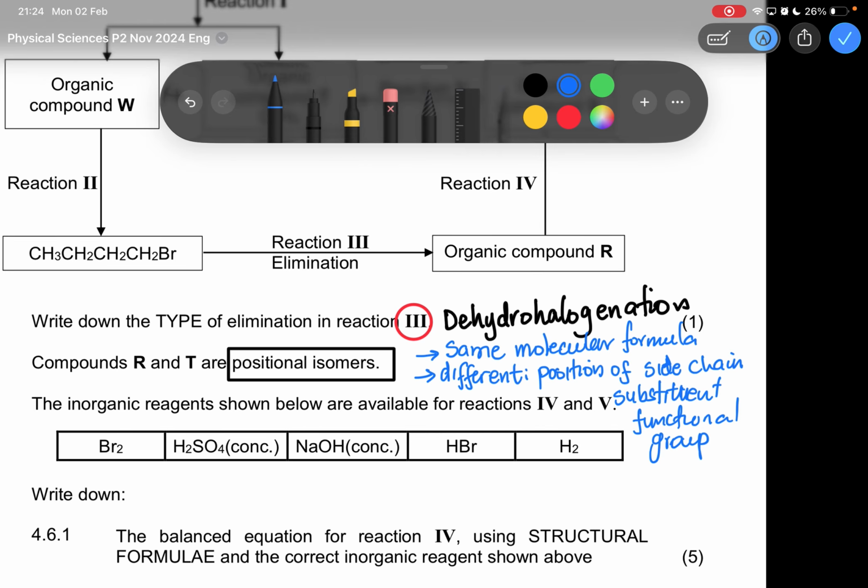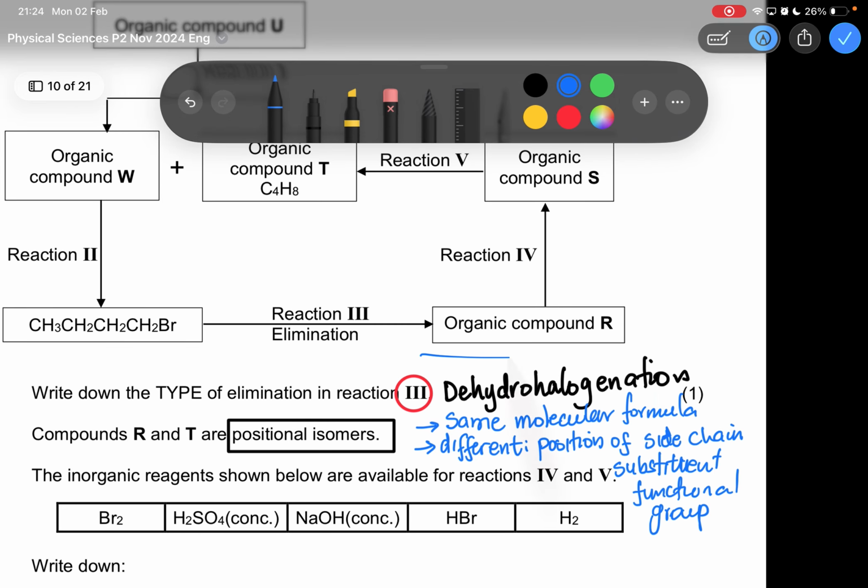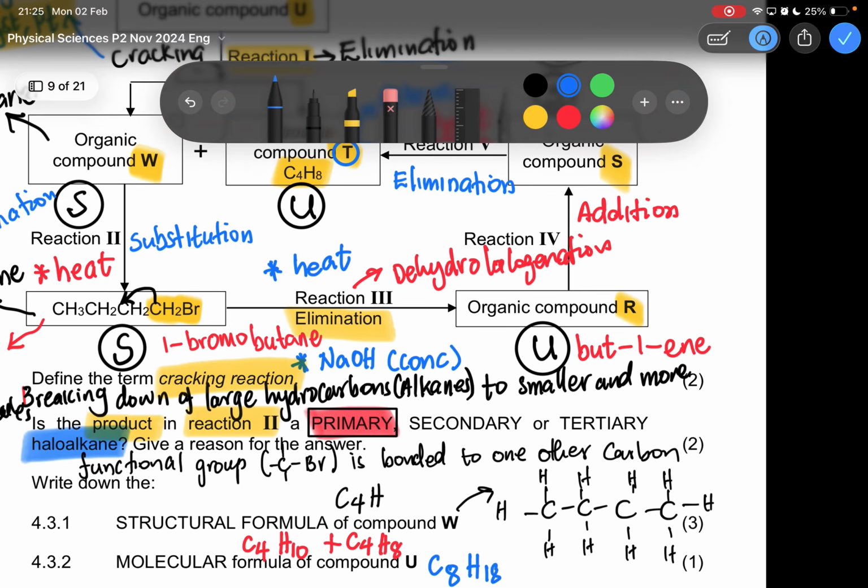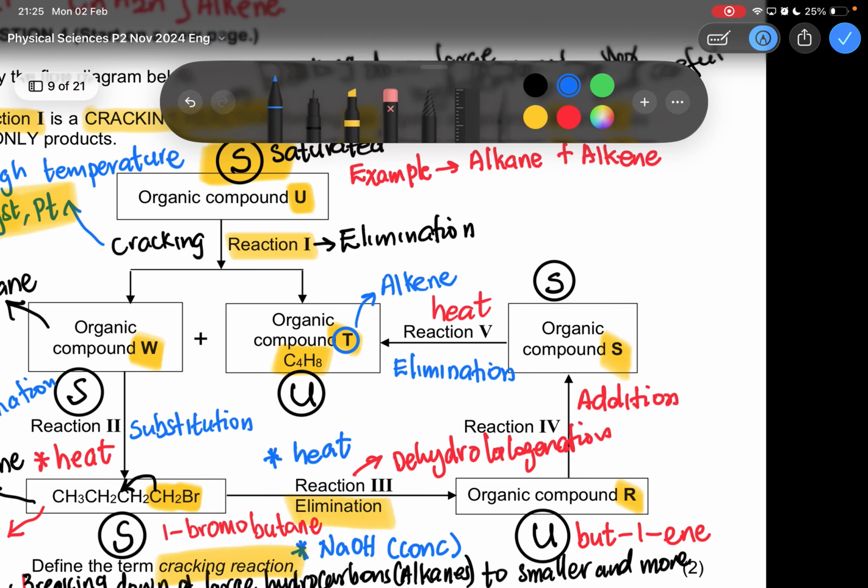If you look at the compound in question, R and T is the one that we said is an unsaturated compound, that's an alkene. So if that is the case, then we are talking about the functional group. The position of the functional group is the one that is changing. On my data there, I said the IUPAC name is but-1-yne. So that means T can be but-2-yne. You see that?